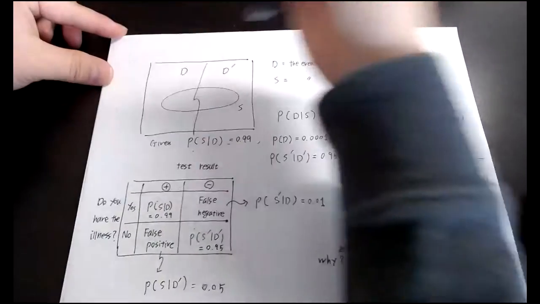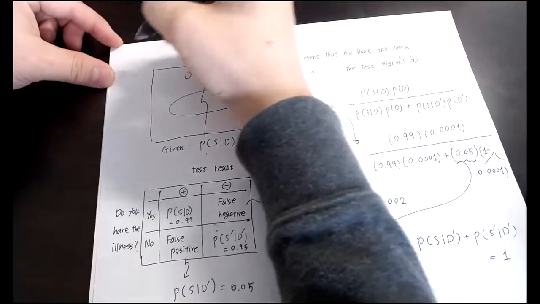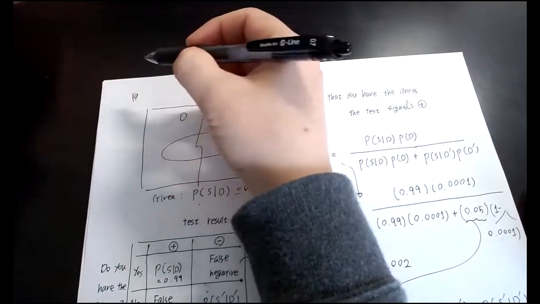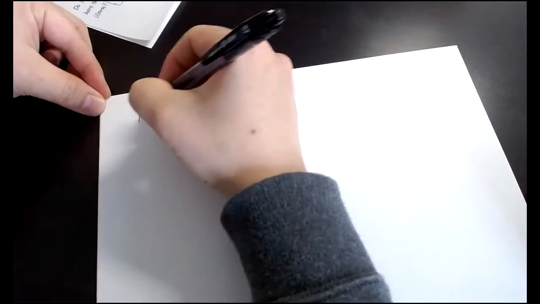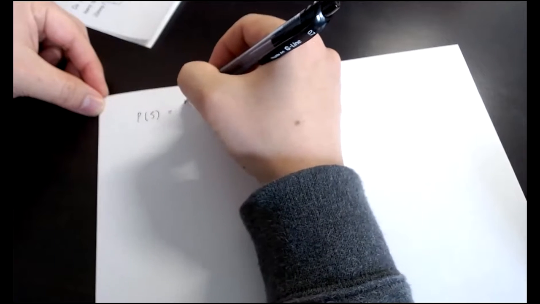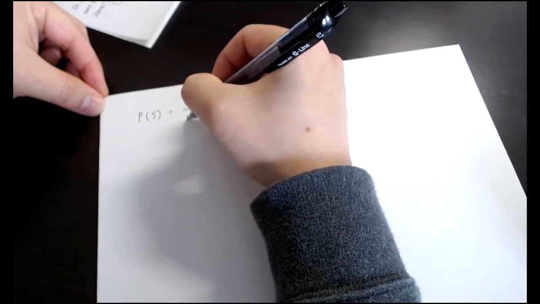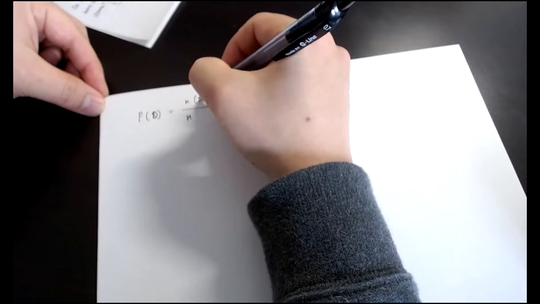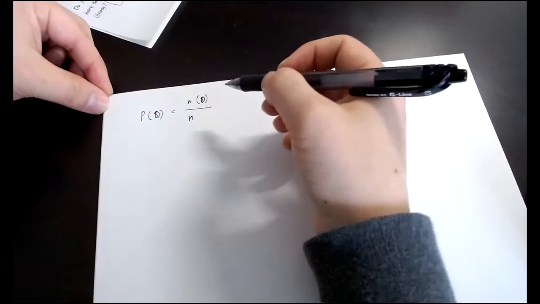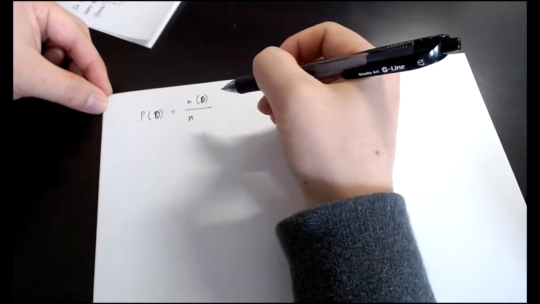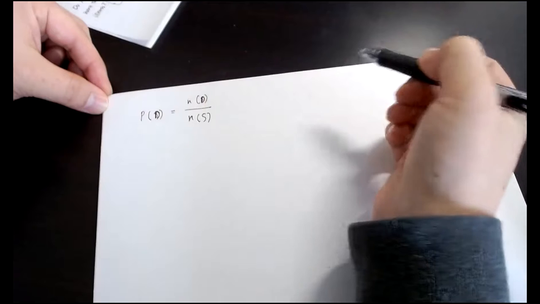Remember that the probability of, for example, D is equal to the number of outcomes in the event D divided by the number of outcomes in the sample space, right?